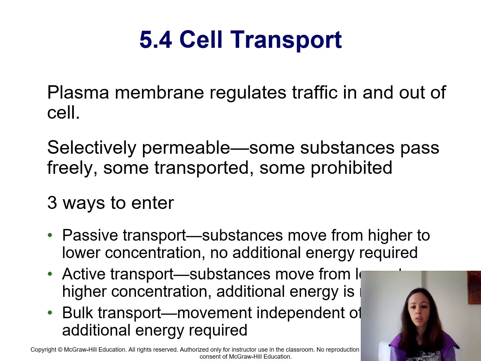And then we have bulk transport, which is generally going to be used by macromolecules, which are too big to use the membrane proteins to go in and out of the cell. And just like active transport, bulk transport also needs energy.